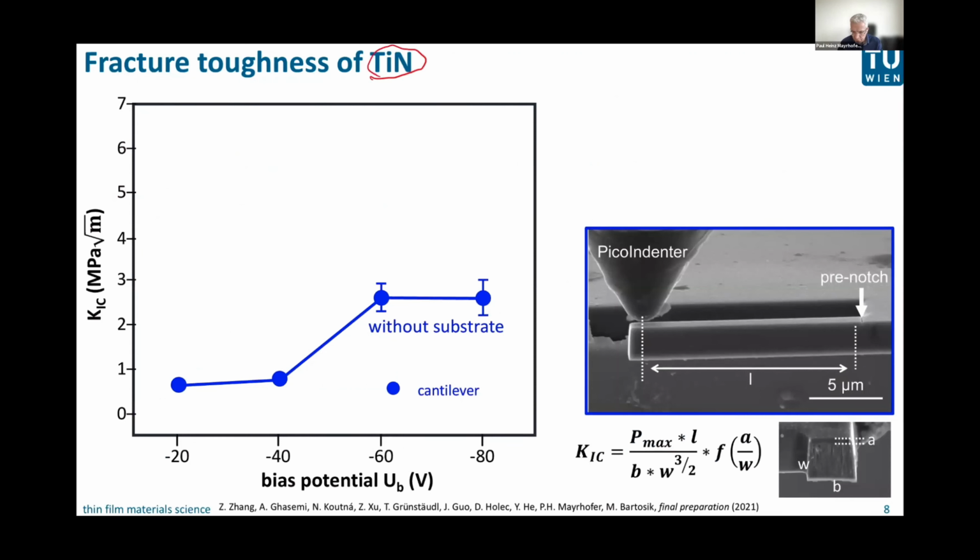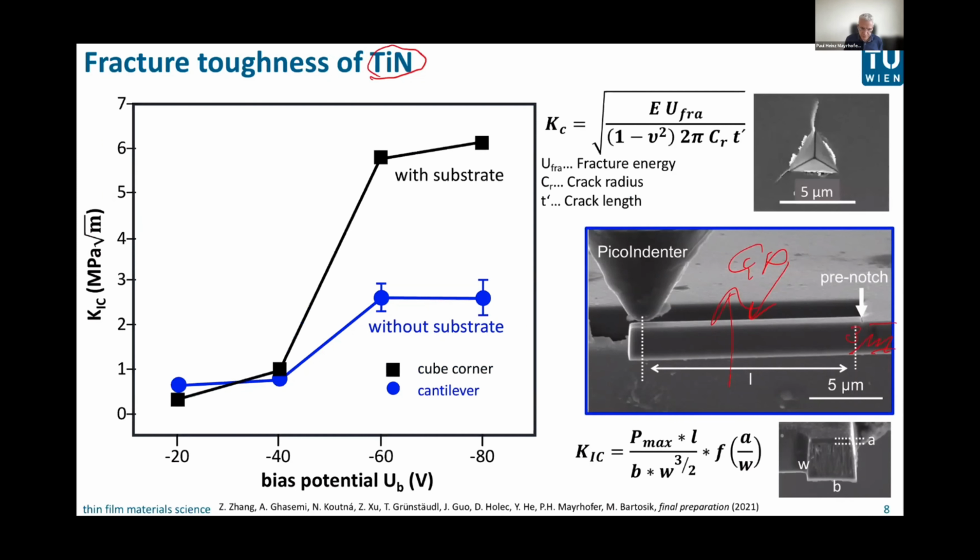That's our thin film, where we cut out this cantilever from the film that's around 3 micrometers in thickness. That here is the growth direction, right? And we do that for various processed materials, and we end up with not too high values, right? Typical is 2 to 3 megapascal square root meter.